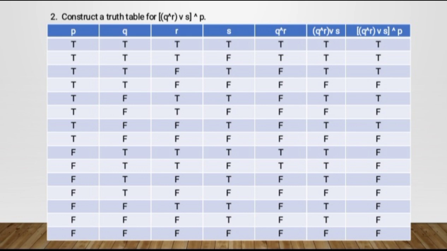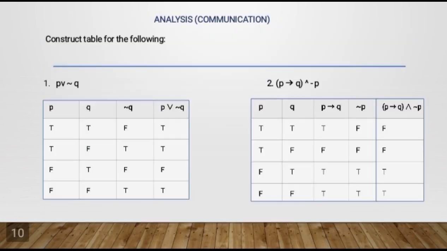The last column of Q and R is false, and the last column of Q and R or S is false. The last column of Q and R or S and P is false.